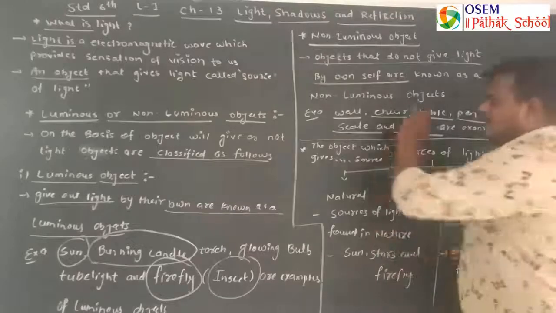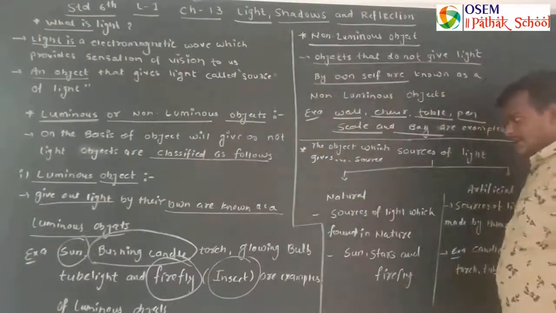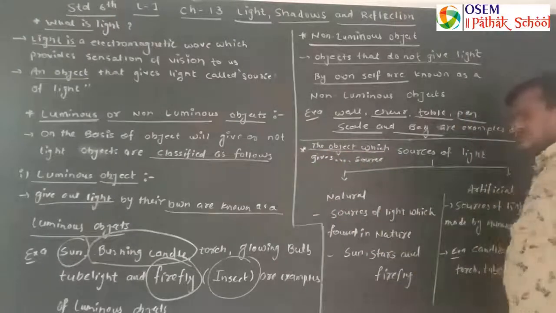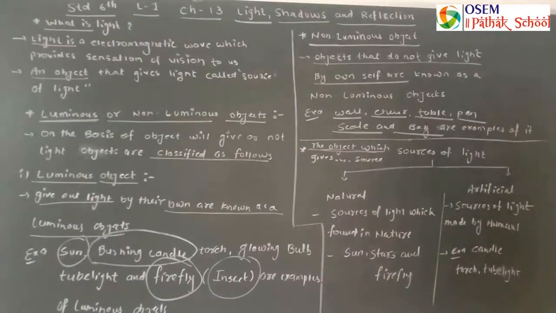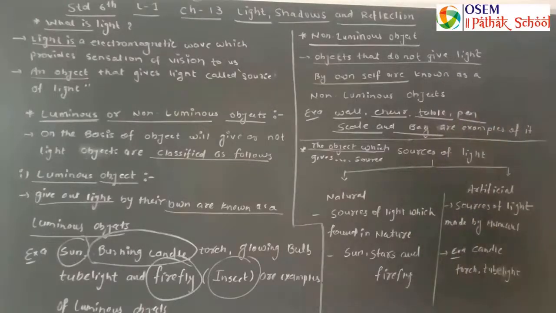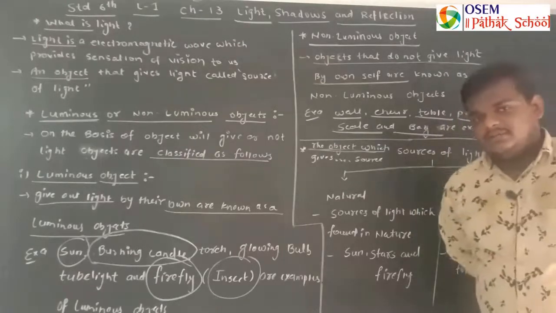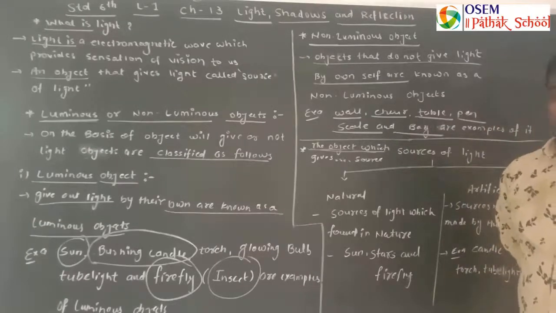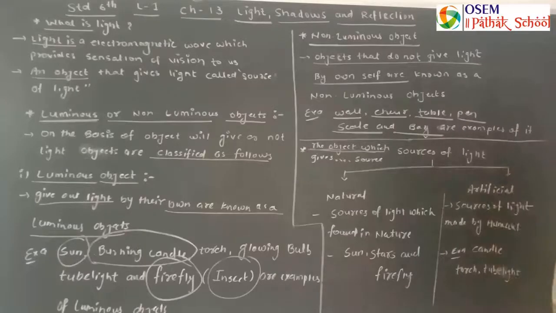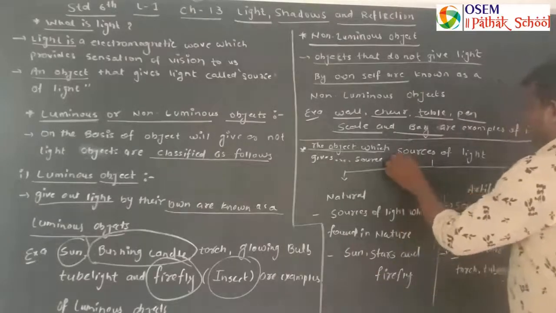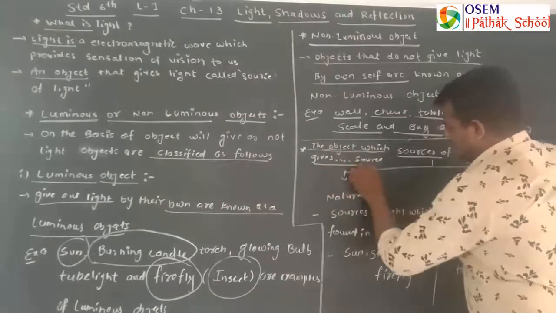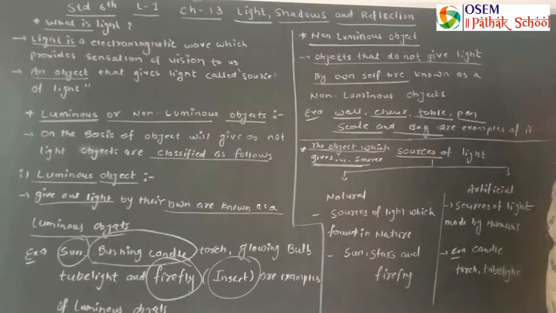That we have cleared here. Now another very important thing, sources of light. I told you in the beginning of this lecture that the object which generates light is considered a source of light.